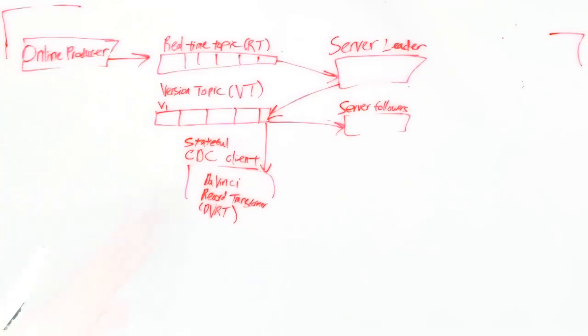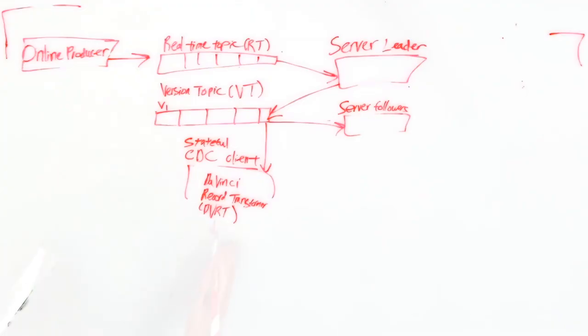Previously, DaVinci only wrote into its local cache, and you gave it a key that you wanted to query. What DVRT does is send you a push notification when you receive a new event.